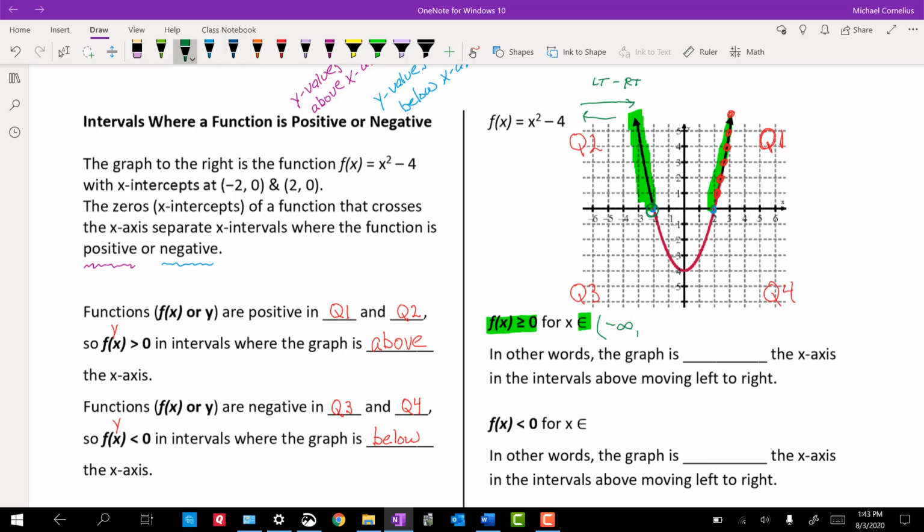What's the x value at that point? It's -2. Now, how do I know if I get a bracket versus a parenthesis here?